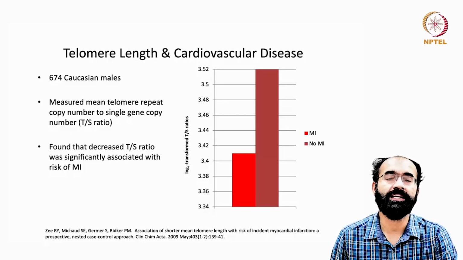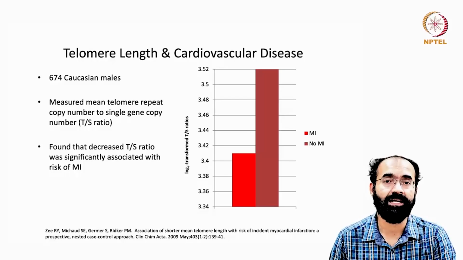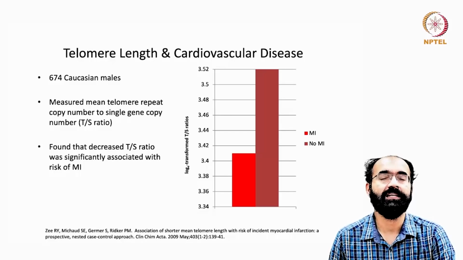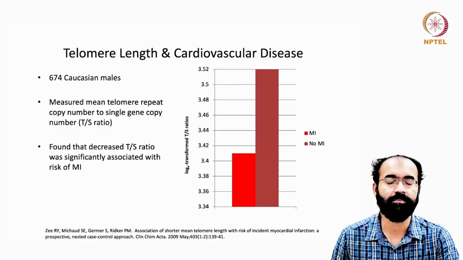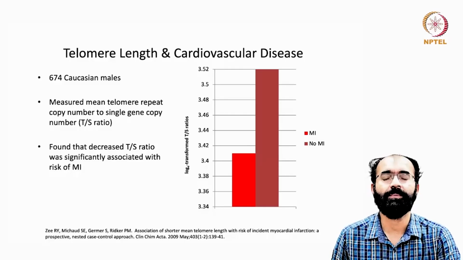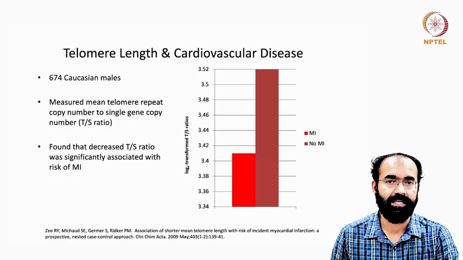So 11,000 divided by 6 will give you a number, and that is the total number of repeats of telomeres. So for convenience, let us keep it as 500. It is definitely not 500, but at least for some time point, or maybe let us keep it 1000. So 1000 into 6 is 6000.